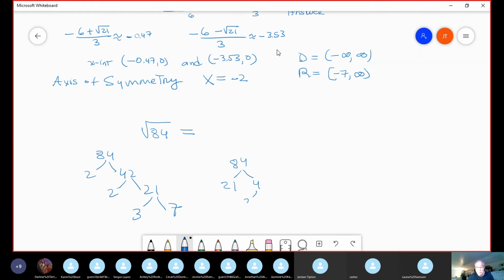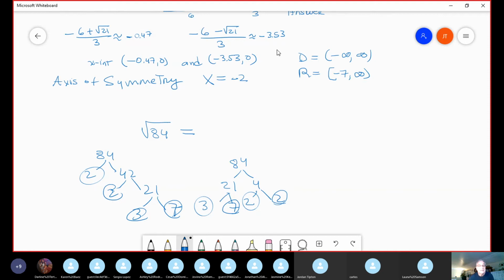And 4 is 2 and 2, and 21 is 3 and 7. The combination is 2, 2, 3, 7 in any order. So the prime factorization is the same no matter how you do it. Therefore, this is not important.